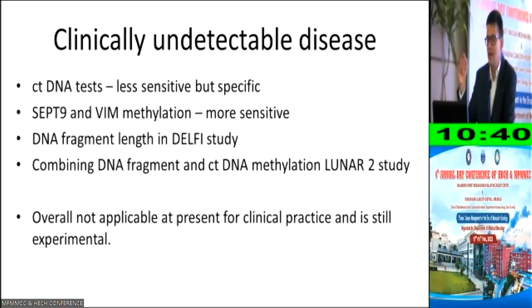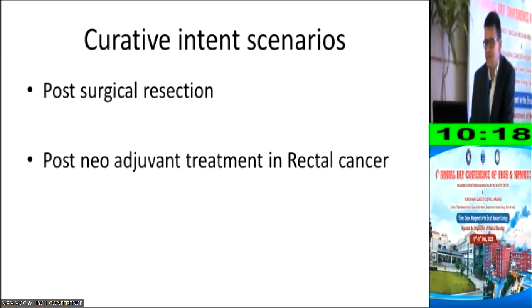In one line, in clinically undetectable disease, that is in screening or early stage disease before the other tests come, there is no test at present for clinical practice, and it is still experimental. If somebody is doing a test for colorectal cancer screening by liquid biopsy, then that is not standard. So that is about clinically undetectable disease.